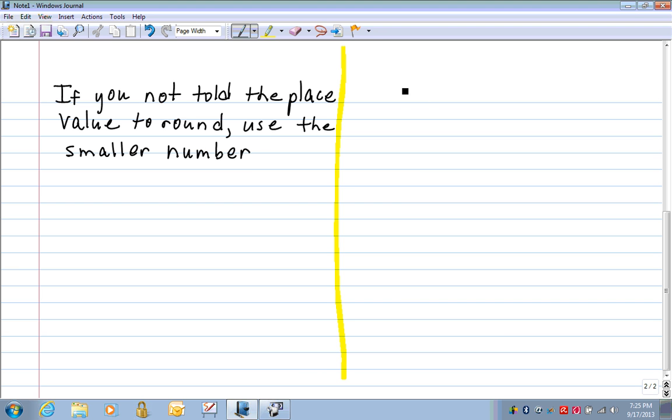For example, if I have 1,250 minus 304, or let's make it plus, and they do not tell me what value to round it to, then I pick the smallest number and I round it to the hundreds place.